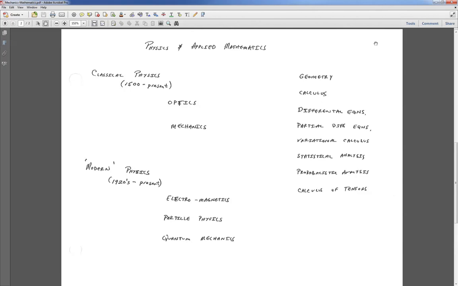As far as the math goes, geometry, calculus, some of these differential equations, partial differential equations, variational calculus, statistical analysis, probabilistic analysis, and the calculus of tensors will be some things that we'll touch on. Now, you may not have classes at the advanced level on all these different topics, but we're going to learn a little bit of math as we go along.